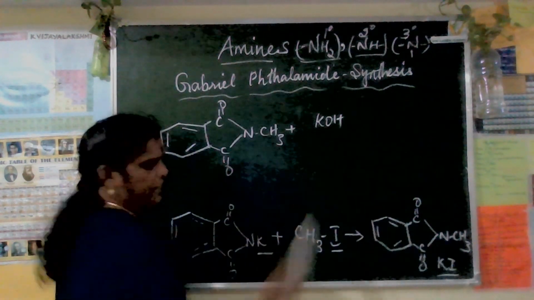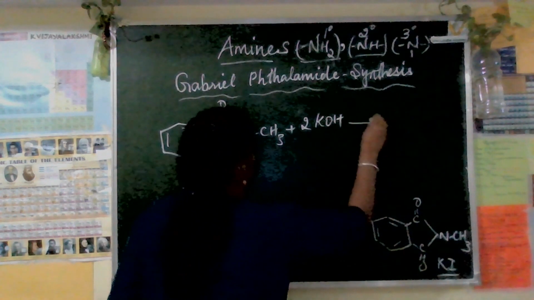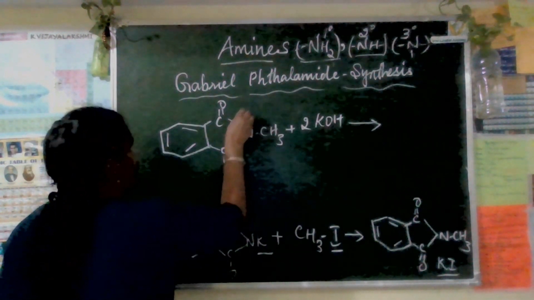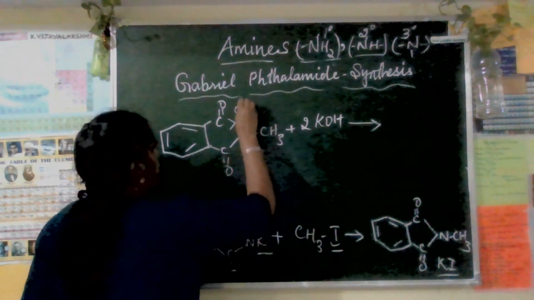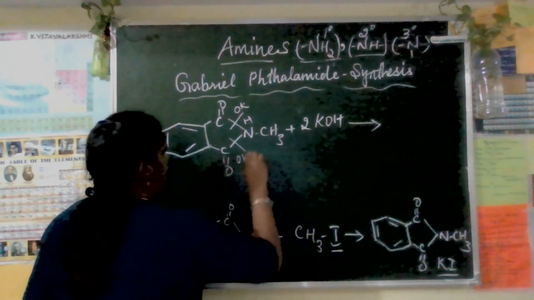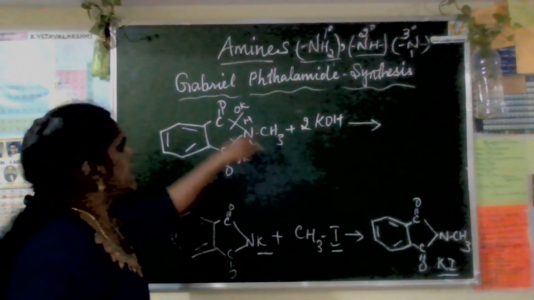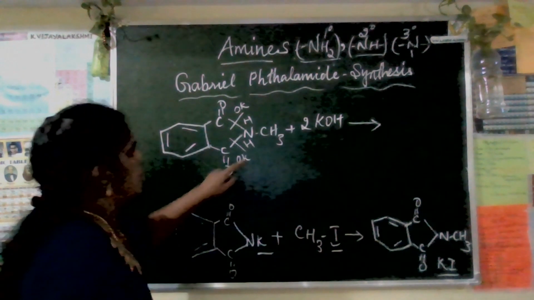So here, if strong alkaline hydrolysis takes place, two KOH are there. So O, K and H, here O, K and H. So what happened? COOK and then COOK you will get.